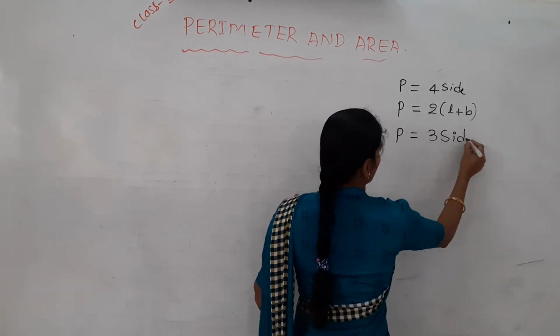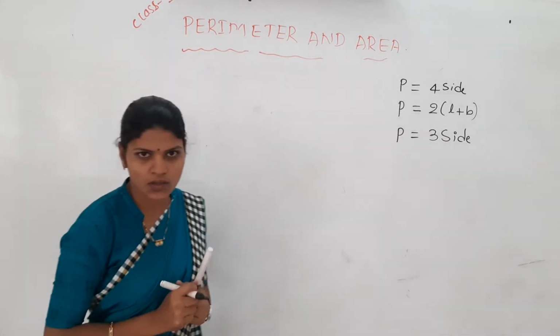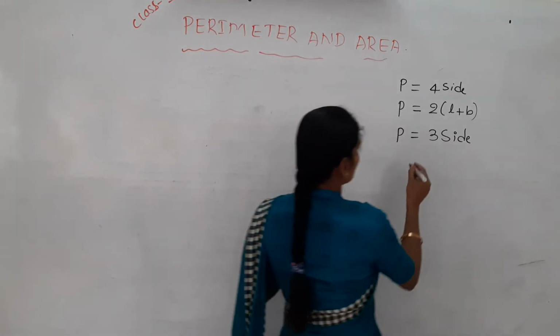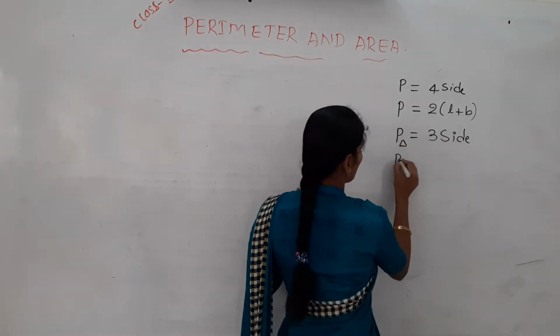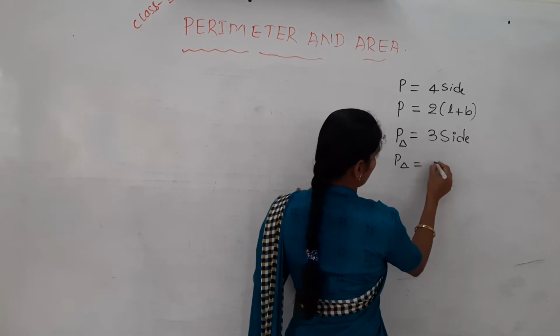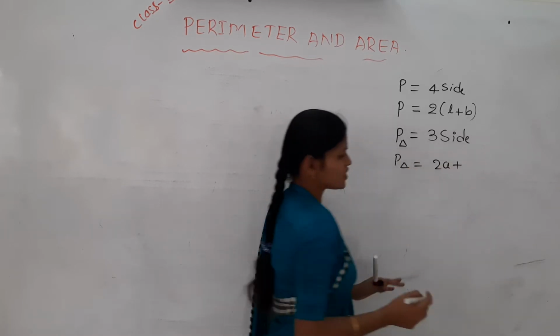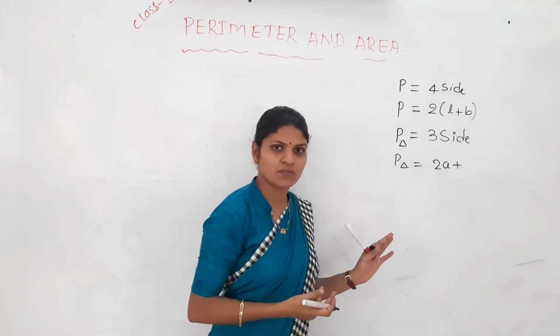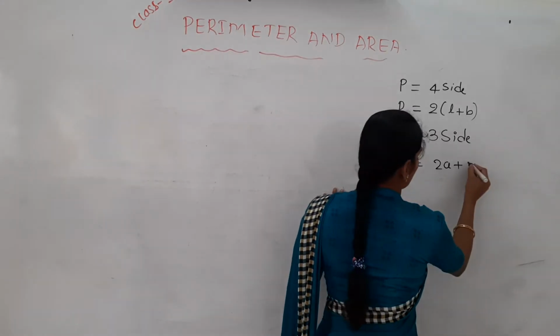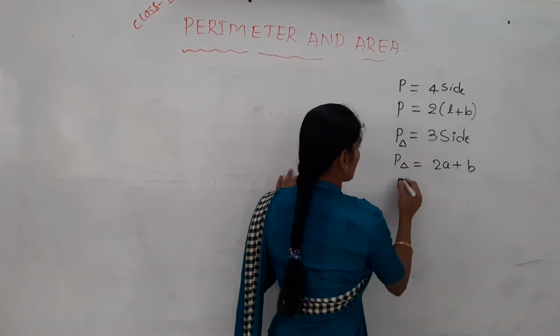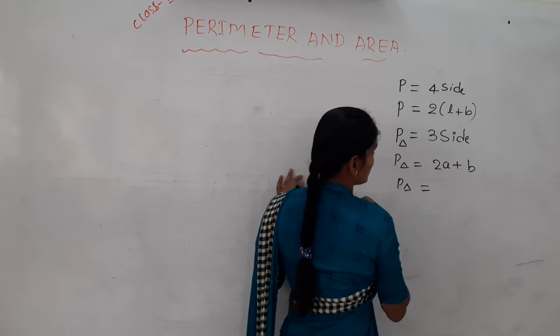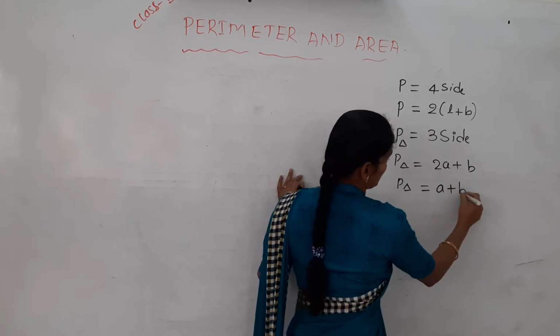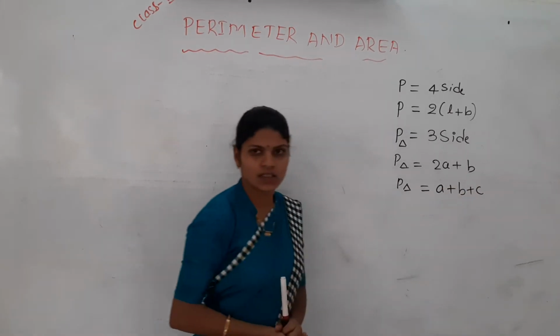Why? There are 3 sides, and all are equal. Then perimeter of the isosceles triangle: 2 sides are equal, so 2 times the equal side plus the third side. If all 3 sides of the triangle are different, we have to find a plus b plus c.